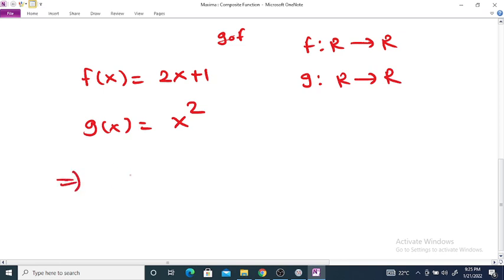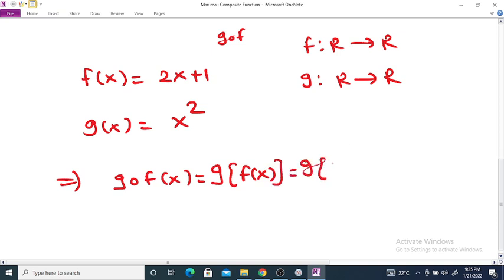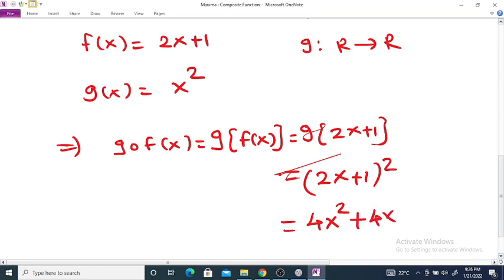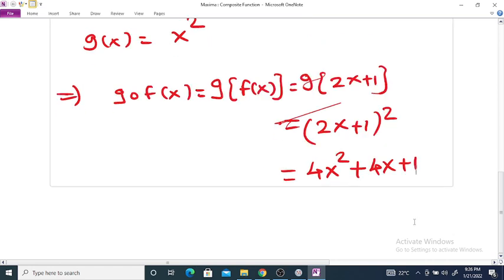Then the composite function g of f of x is equal to g of f of x, which is equal to g of twice x plus 1, which is equal to twice x plus 1 bracket square. Since g of x is x square, this is equal to 4x square plus 4x plus 1. This is g of f of x.